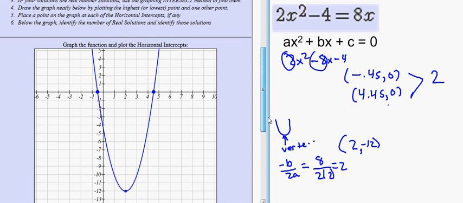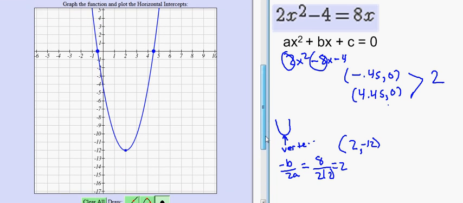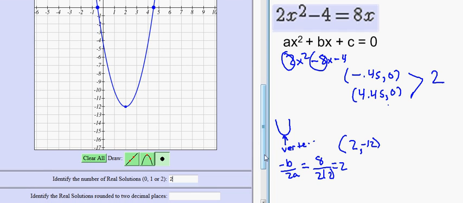So it didn't ask for the points and full coordinates, just the solutions. So the way to do this is to type in the smallest one first, negative 0.45, and just separate it by a comma. I'm not writing a point, I'm just listing my solutions. So that would be 4.45. And you can go back and make sure that you answered all of the questions. But I think that's basically it.